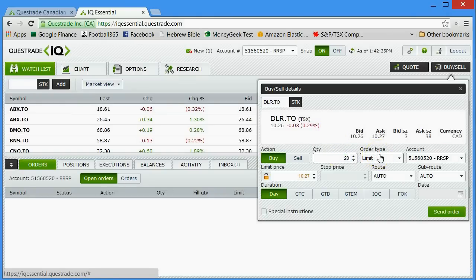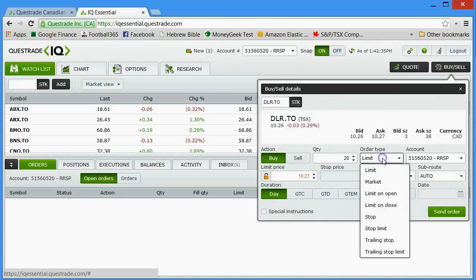And by the way, you can do it 2 ways. You can either submit a market order or you can submit a limit order. And if you're not familiar with market or limit orders, then I would refer you to our previous video on how to buy and sell stocks and ETFs using Questrade.